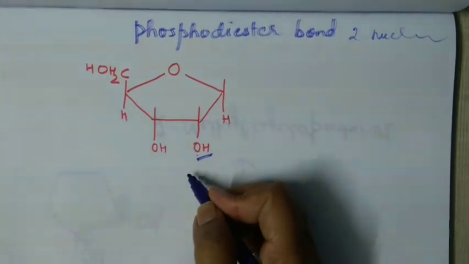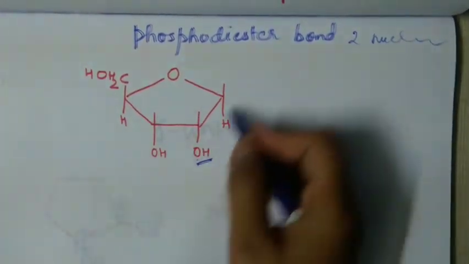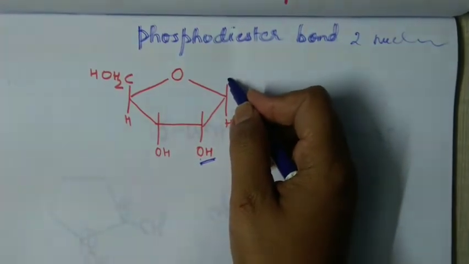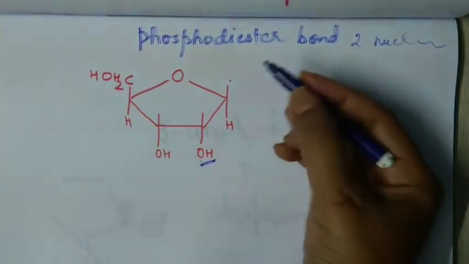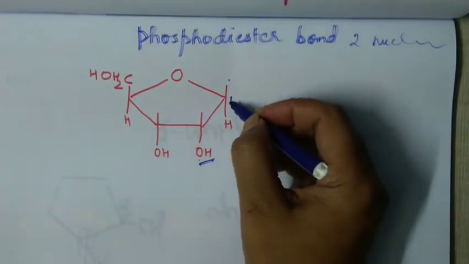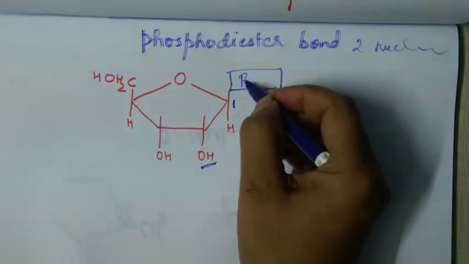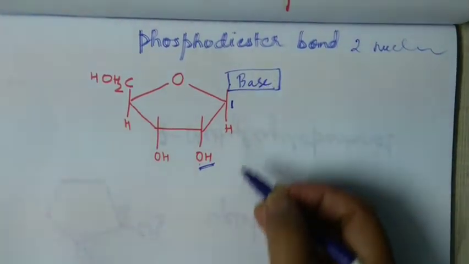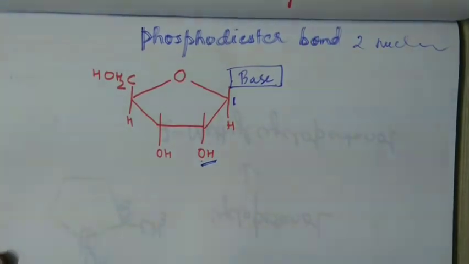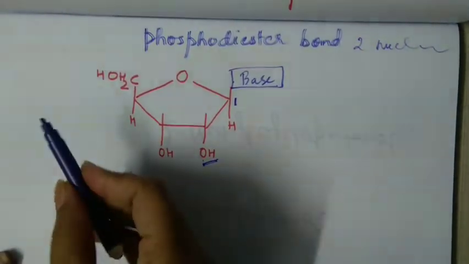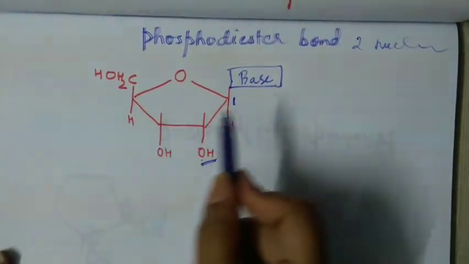So oxygen is present, it is ribose sugar. OH is here, therefore it should be beta D ribose sugar. At this carbon number 1, we have our base attached. As I said, it can be A, U, G, C.